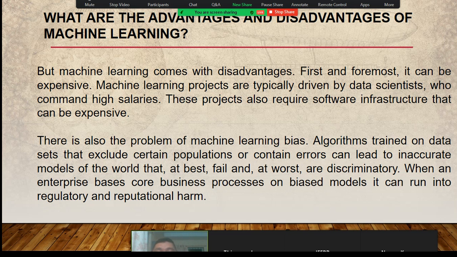Algorithms trained on datasets that exclude certain populations or contain errors can lead to inaccurate models of the world that at best fail and at worst are discriminatory. When an enterprise bases core processes on biased models, it can run into regulatory and reputational harm.